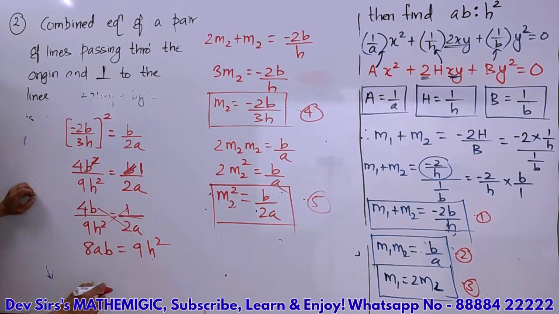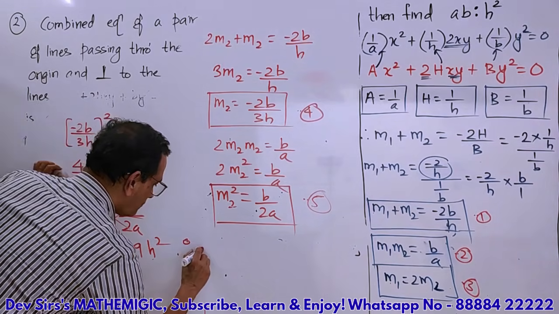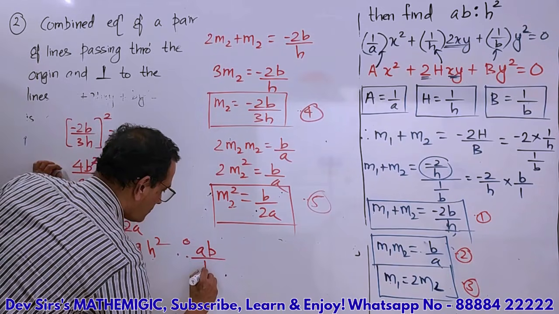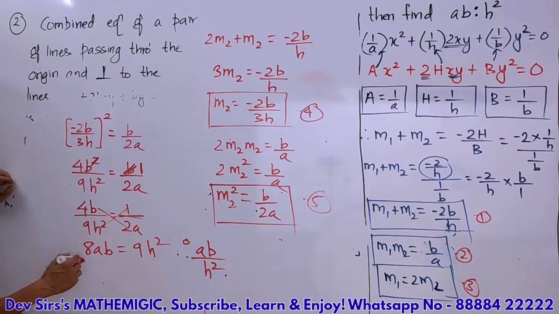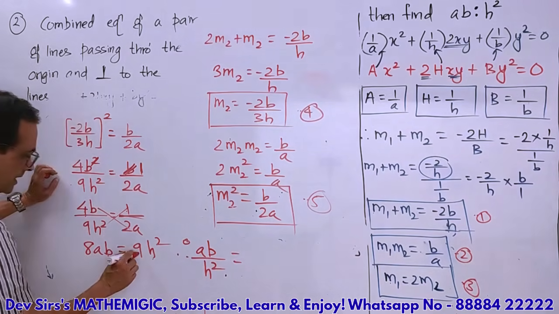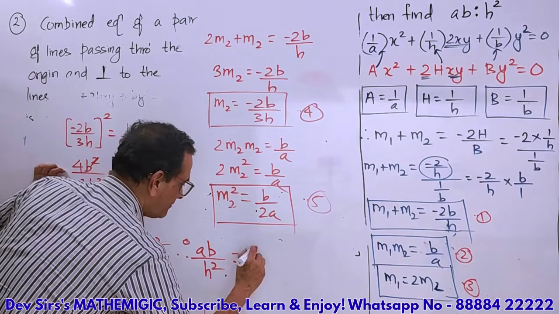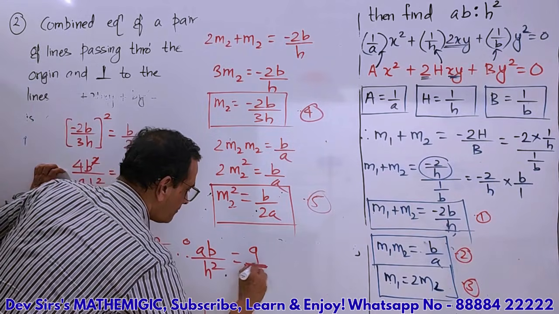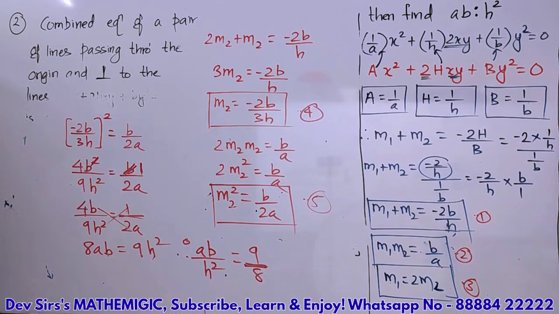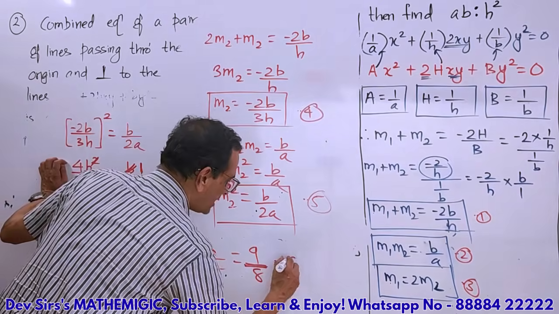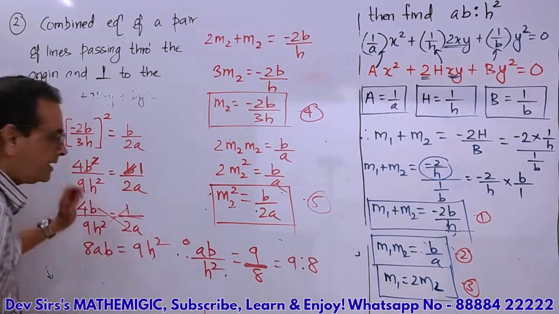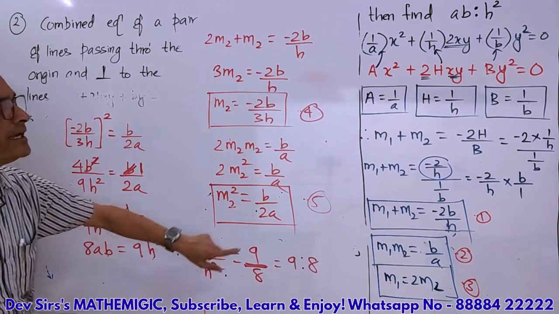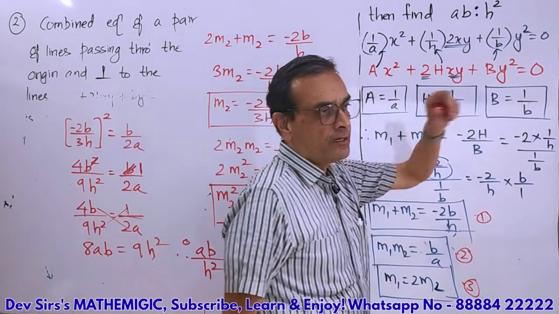So ab is on this side, h squared goes to the denominator, 9 is here, 8 goes to the denominator. 9 upon 8 is the option given, or 9 is to 8. ab upon h squared means ab is to h squared.